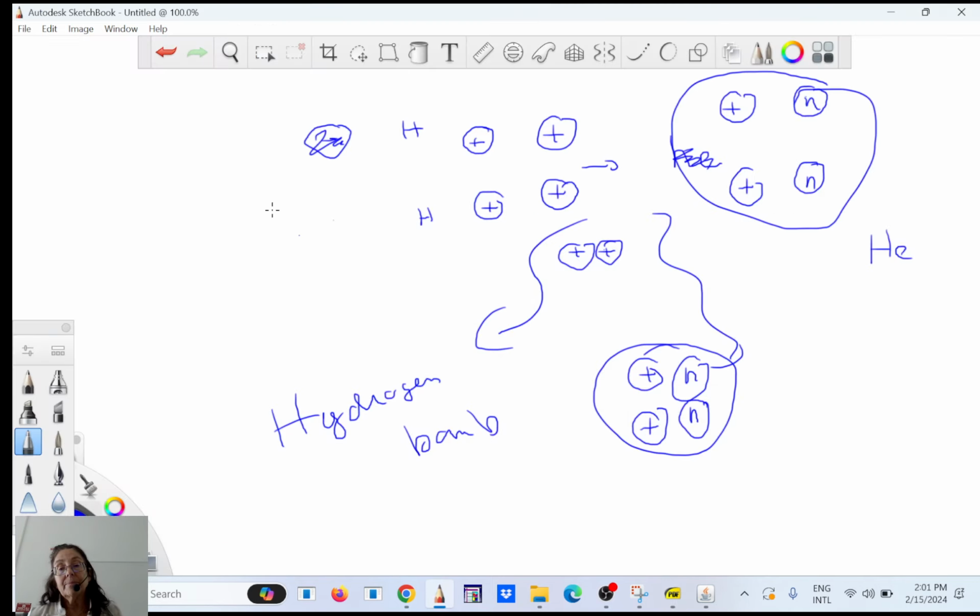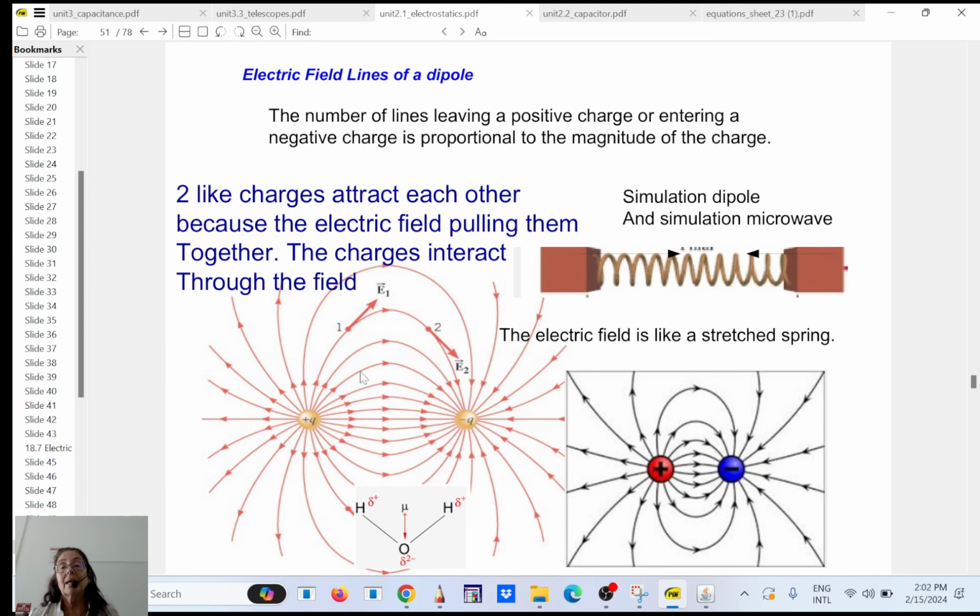So you see here that configuration. If I ask you a conceptual question: an electric field always starts at a positive charge and ends at a negative charge. When you look at this configuration, you see that the electric field is trying to bring the two charges together to lower the potential energy of the configuration.